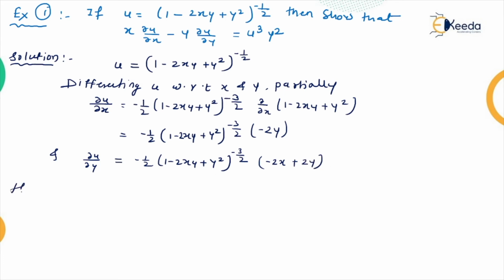Hence, taking the LHS, I have to write x ∂u/∂x minus y ∂u/∂y. You have to multiply the first one by x only, guys, and the second by y.